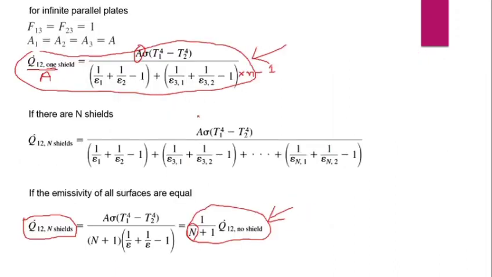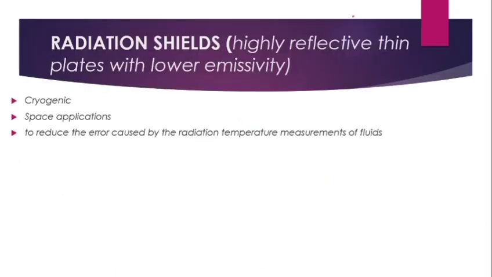When I started radiation shield, we saw this third application: to reduce the error caused by radiation in temperature measurement of fluids. So what happens normally, suppose we are in Russia, and in Russia they have a lot of oil, petrol, gasoline. Temperature in Russia is very low. So in those areas where they are finding petrol, temperature goes around -20, -30 degrees centigrade.